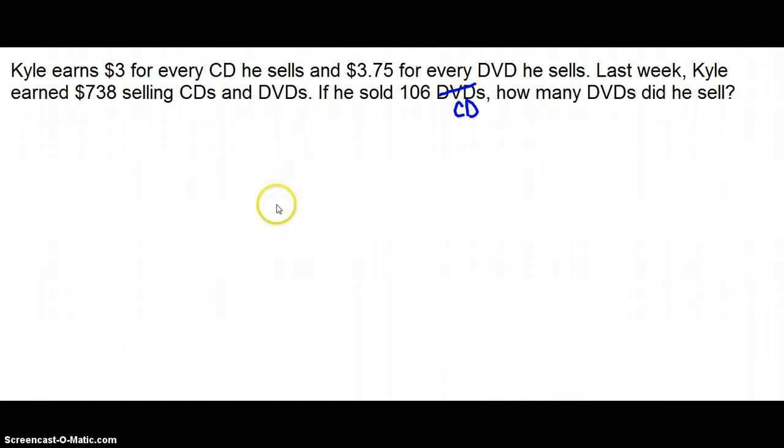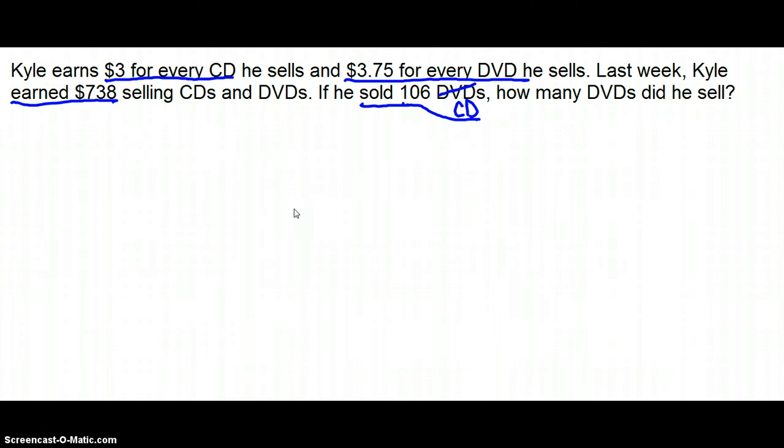So sorry. So if he sold 106 CDs, how many DVDs did he sell? So let's begin by underlining the useful information. So he earns $3 for every CD, $3.75 for every DVD. He earned $738 and sold 106 CDs.